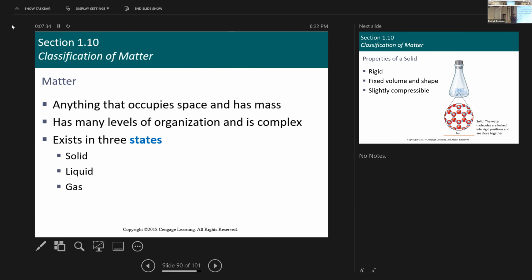So we're going to be learning about this concept, and I kind of already prefaced it with energy and heat corresponding to molecular motion.